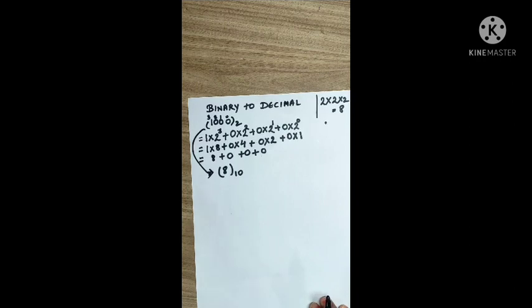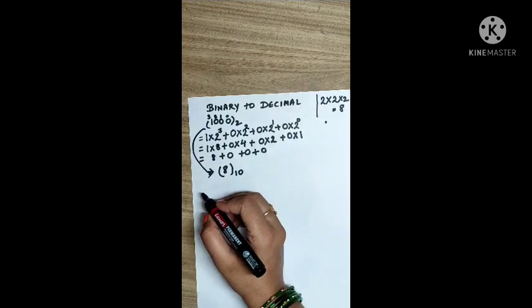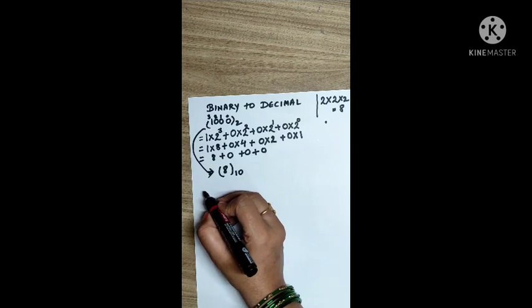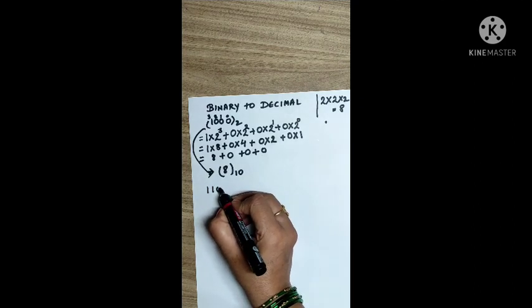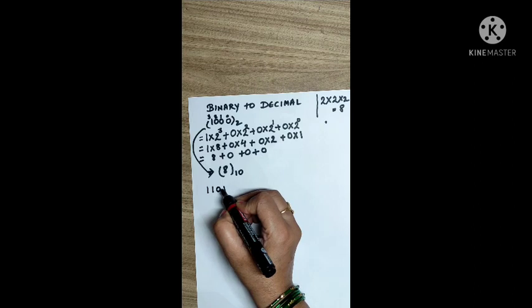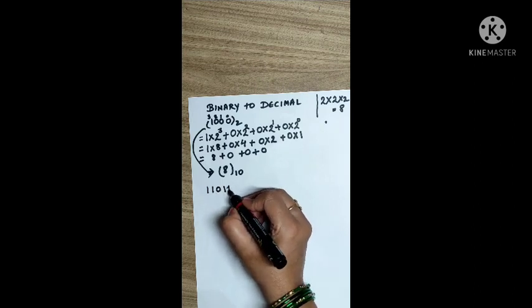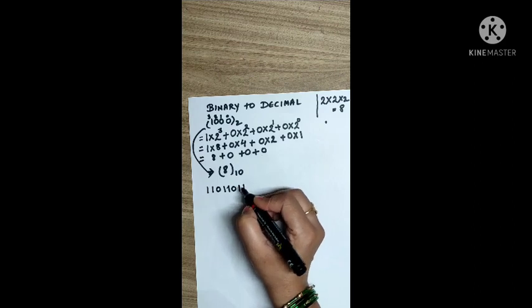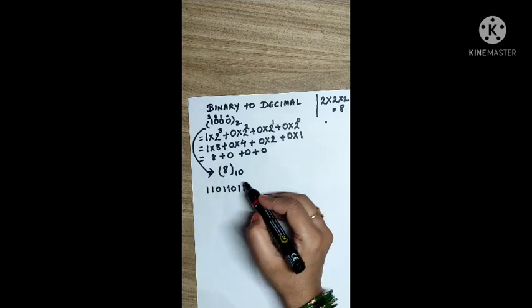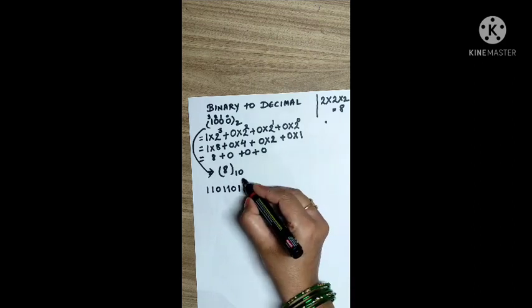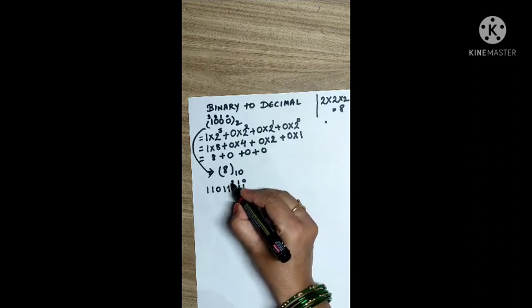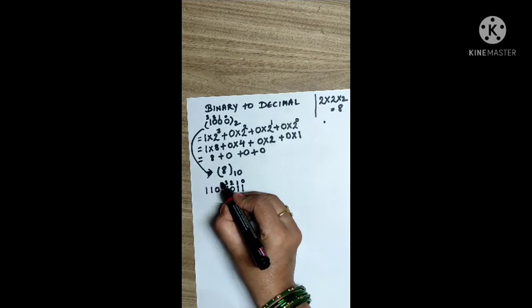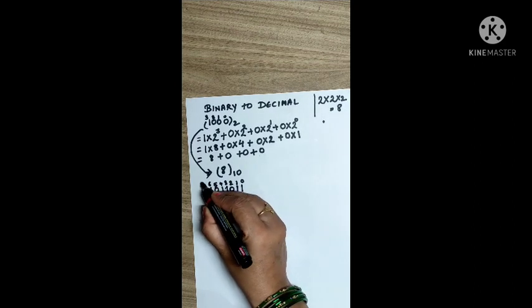We'll take another example like the one which is given in your book. Convert 1 1 0 1 1 0 1 1. So the same way to solve it. Start from the right hand side, put 0 1 2 3 4 5 6 and 7.